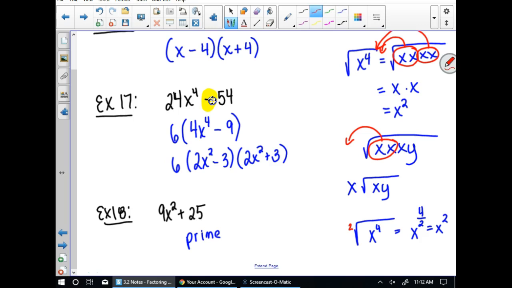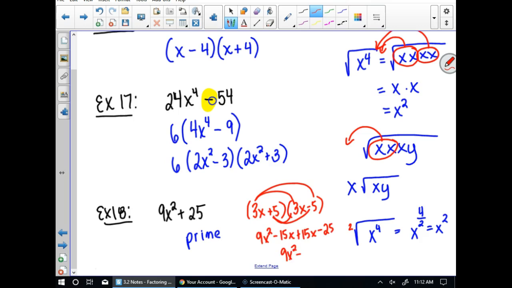Because you would think this would be 3x plus 5 and 3x minus 5, but if you try to multiply that back, you'll get 9x squared minus 15x plus 15x minus 25, and it gives you 9x squared minus 25, which would not be right. So in order to do a difference of squares, you have to have a minus sign in between the two numbers.